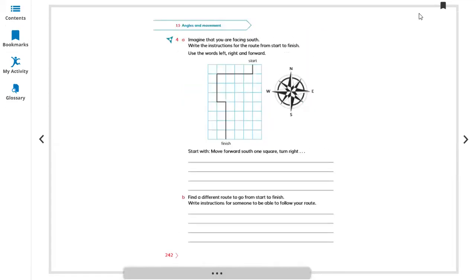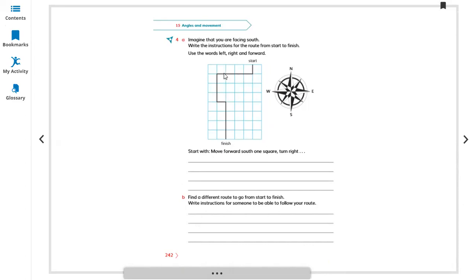242. Imagine that you're facing south. Write the instructions for the route from start to finish, starting from here. We are using the words left, right, forward, backward. So start with move forward south. South means downside. This is south, one square. And then turn right. How many times?